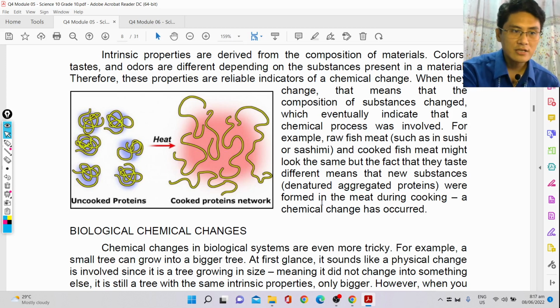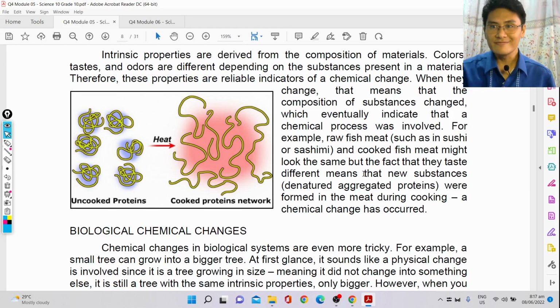And at first you might say, this is a physical change, sir, right? Because you had fish when you started, and then when you cook the fish, it's still fish. So I did not change the material. So it must be a physical change. But again, it's just a language problem.